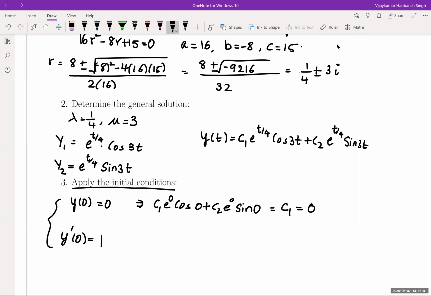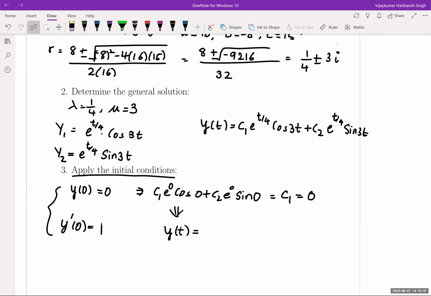So both of these update my solution to be y of t is what? C1 is 0, so C2 e to the power t by 4 sine 3t, because C1 became 0 right here.